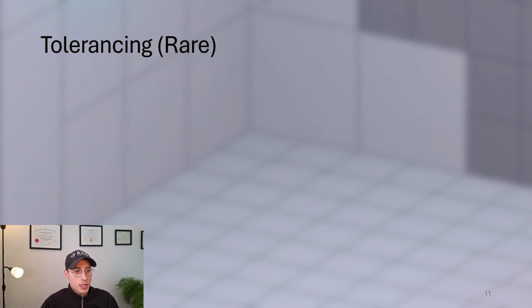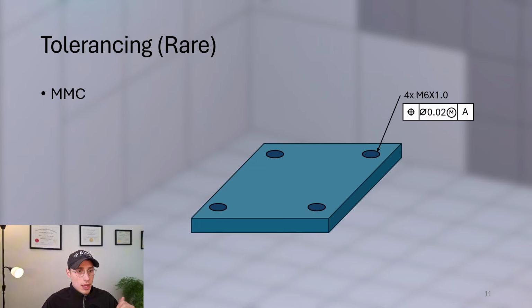A more rare case, at least for me, and I have seen it misapplied, is tolerancing threaded features at MMC. And when might you want to do this? Let's say, again, you've got some super expensive part and you do your fixed fastener formula and you are only able to squeeze out some small amount of locational tolerance allowance.